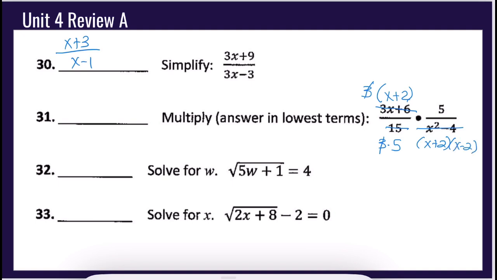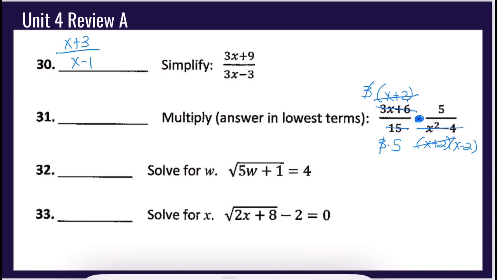And remember, when you have multiplication between two fractions, not only can you reduce top and bottom, you also can reduce diagonally. So we've got that x plus 2 on the upper left-hand side and that x plus 2 on the bottom right-hand side, and those guys are going to cancel each other out.